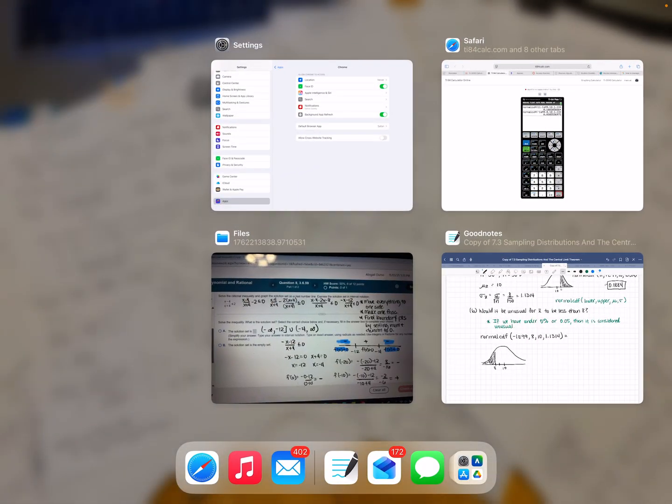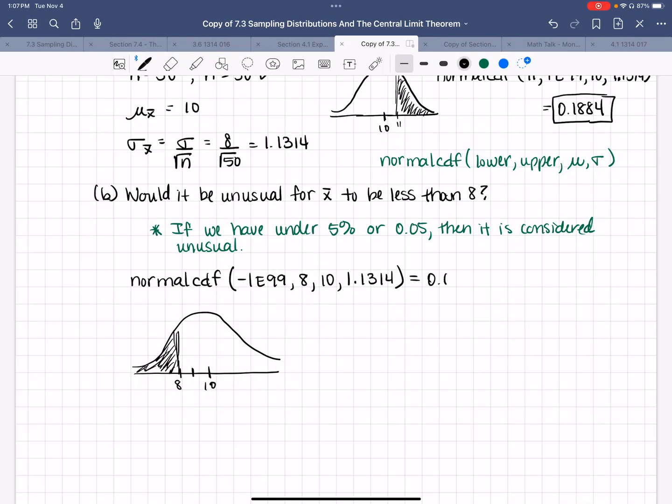0.0385. Okay, so this is 0.0385. So that is less than 5%. It's less than 0.05.